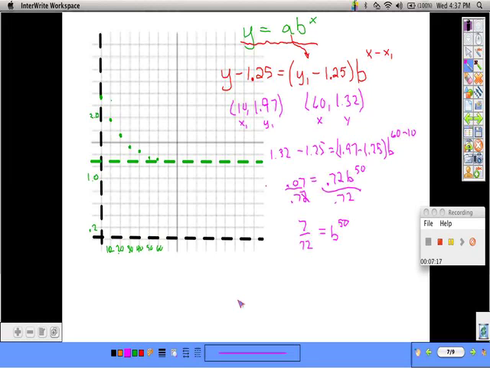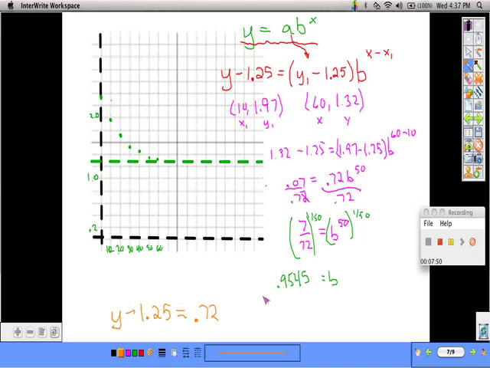But now the power is by itself, so I'm going to raise both sides up to the 1 over 50. And I find that b is equal to 0.9545. So my final equation that models this data is y minus 1.25 equals 0.72.